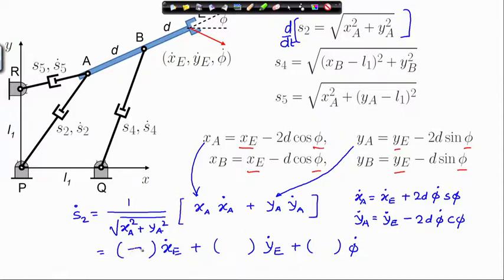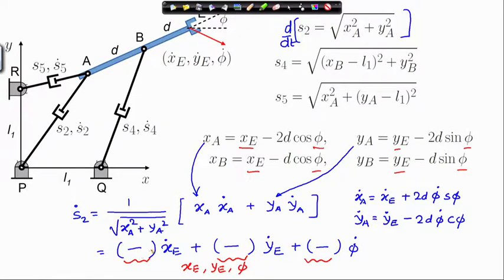Now, these bracketed quantities can be easily determined after some algebra. You substitute these expressions of x a, y a, x a dot and y a dot, and you can find out this relation. Now, these bracketed quantities are functions of only x e, y e and phi.